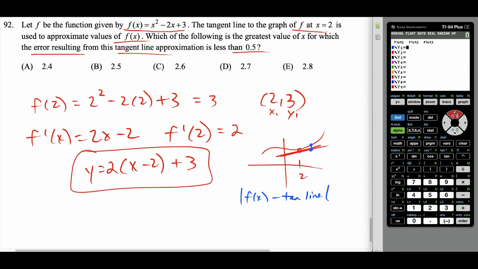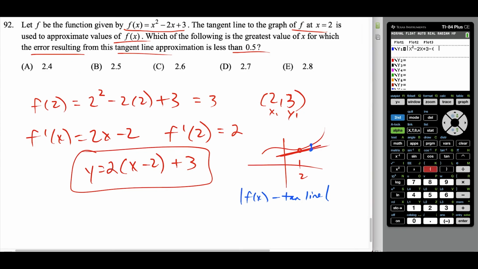So what I have is the absolute value of f of x, which was originally x squared minus 2x. Let's make sure we write this correctly. That'd be a sad way to get this wrong. So minus 2x plus 3, and then minus my tangent line, which I could even work out.